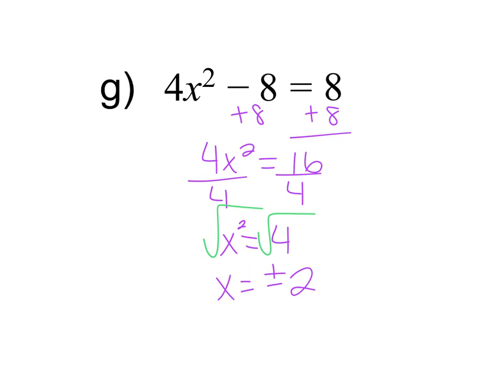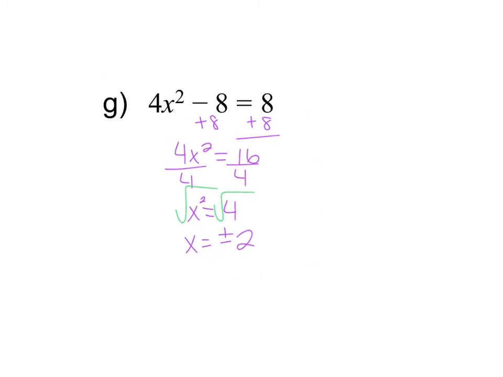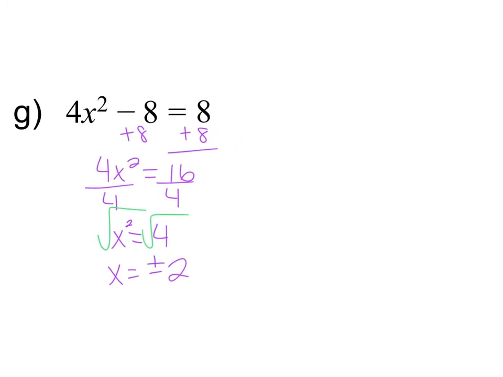Okay, say I wanted to solve this using the quadratic formula. You shouldn't on this one because it'll take too long, but it's okay. We're going to do it just to show you that it does work. So I'm going to first put this in standard form. So that would be 4x squared minus 16 equals 0. So remember, your b term on this one is 0, and the a and c are there.